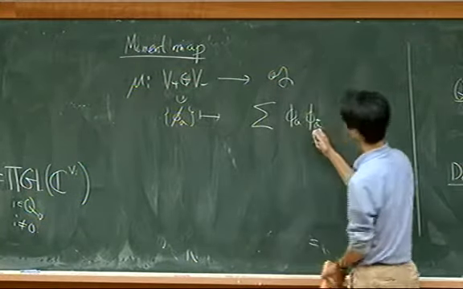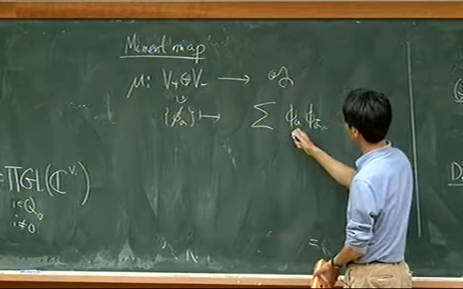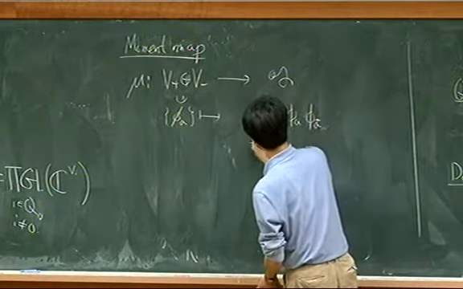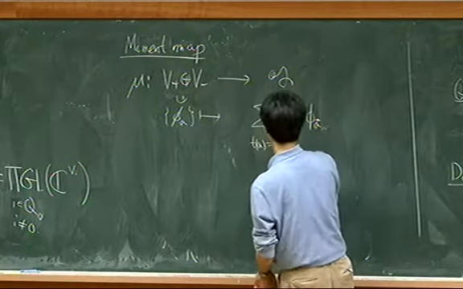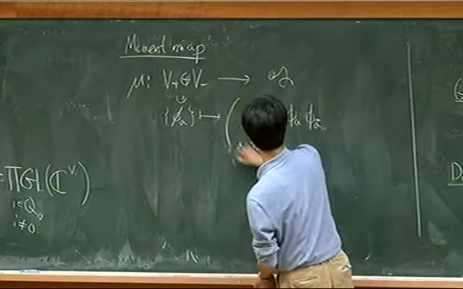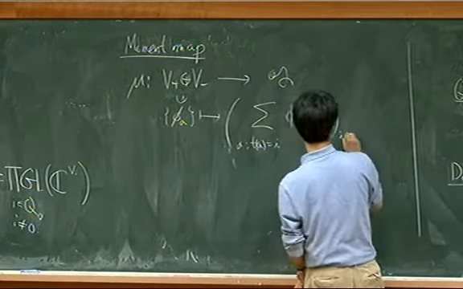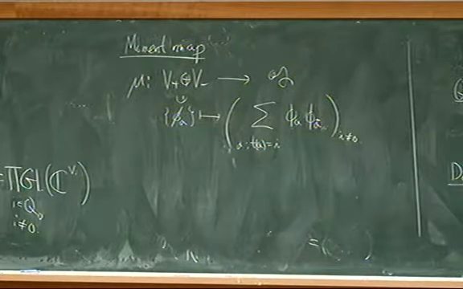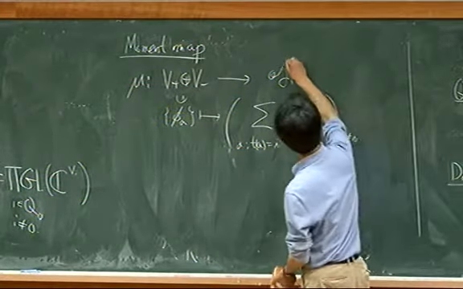A bar means the opposite arrow, I mean the opposite over A.